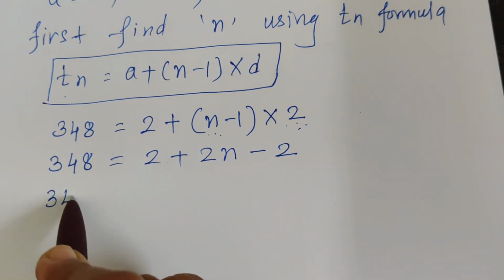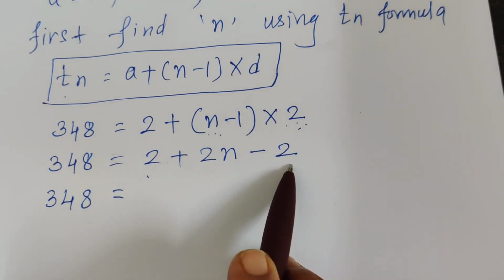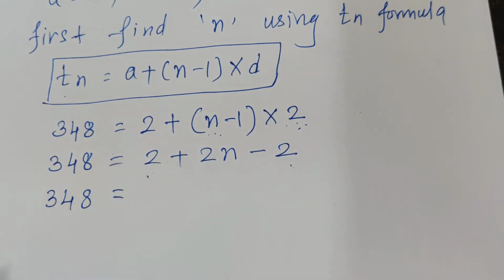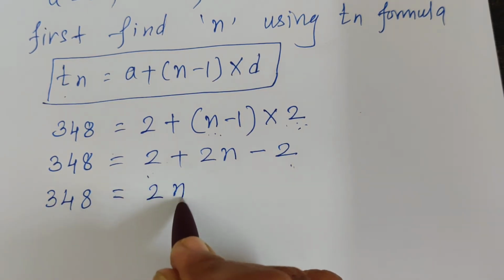So 348 equal to 2 minus 2 will be cancelled, 2 minus 2 equals 0, remaining only 2n.